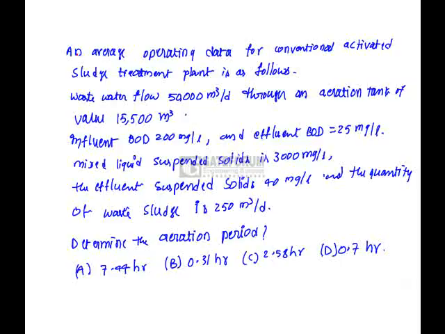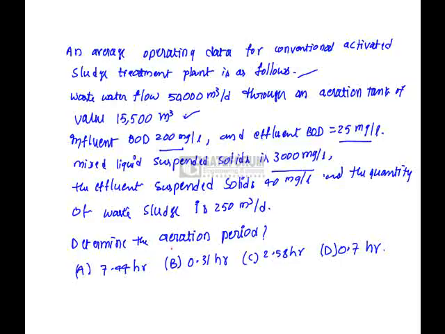That is the logic. The question is: an average operating data for a conventional activated sludge treatment plant is as follows. The wastewater flow is 50,000 cubic meters per day through an aeration tank of volume as given. Influent BOD and effluent BOD are given. Mixed liquor suspended solids MLSS is given as 3000 milligrams per liter. Effluent suspended solids is 40 milligrams per liter and the quantity of waste sludge is 250 cubic meters per day.